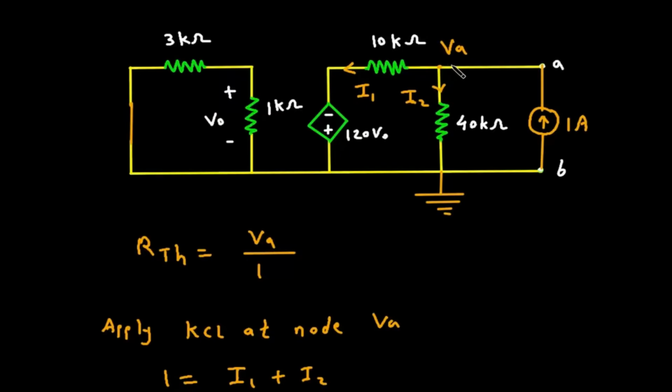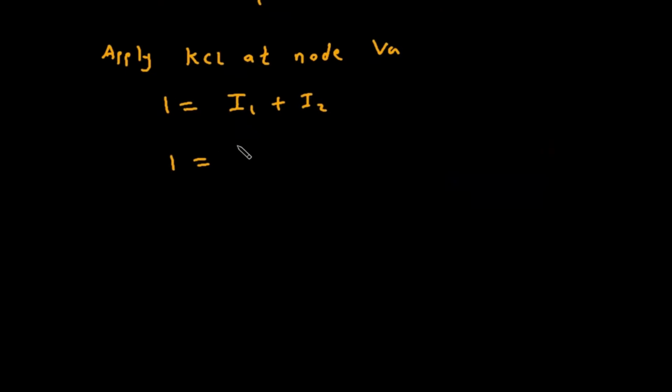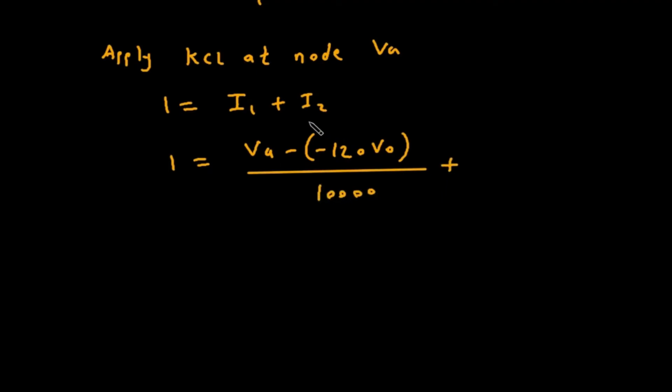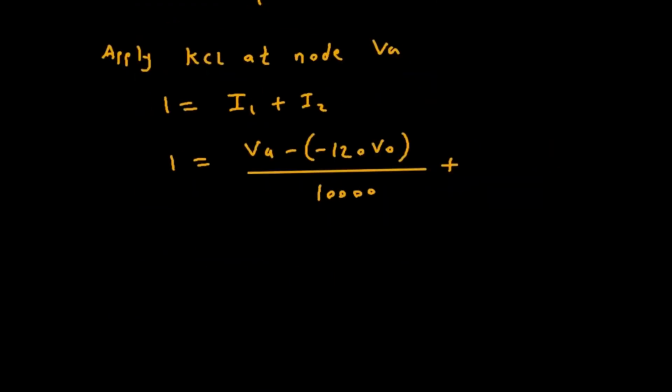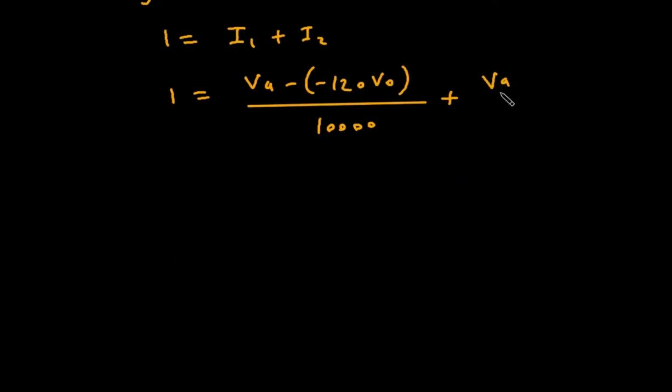Now I1 is VA minus 120 VO, because the polarity is opposite, so VA minus 120 VO divided by 10,000, plus I2. I2 is VA minus 0 divided by 40,000.